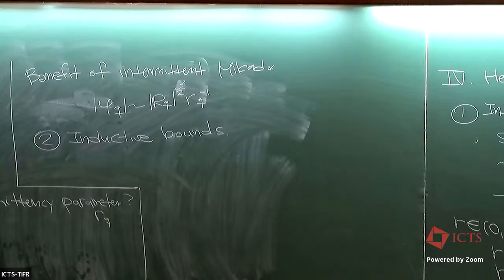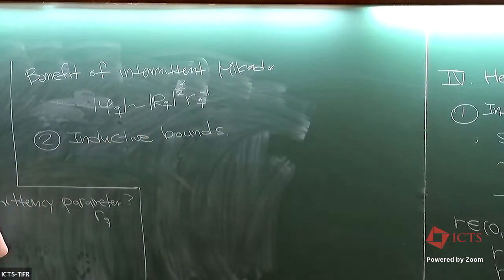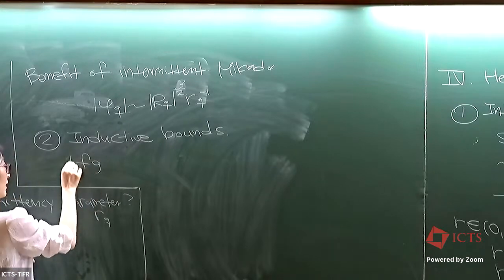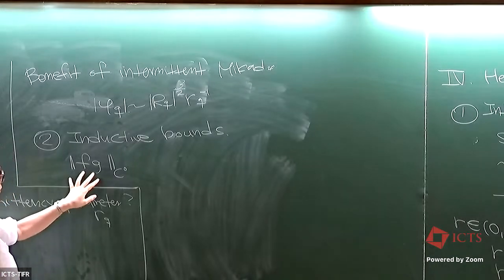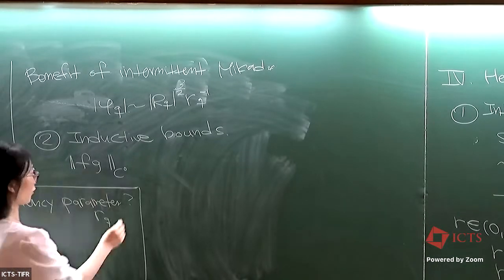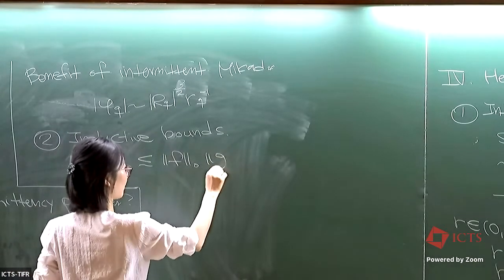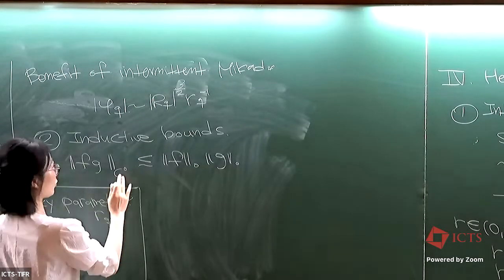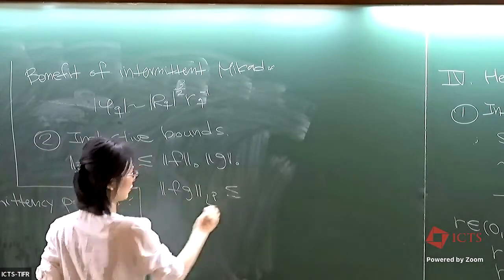Before I introduce the inductive bound, let me make another comment. When you work in the C0 norm, the nice part is that when you measure the multiplication of two functions by the C0 norm, this is controlled by the C0 norm of F and the C0 norm of G. The problem is you can't do this in the LP norm. If you have the LP norm, in general, you need to use Holder.